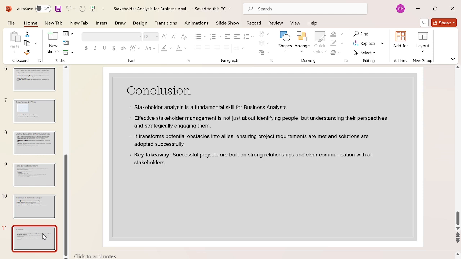And effective stakeholder management is not just about identifying the people, but understanding their perspective and strategy and engaging them. Correct.